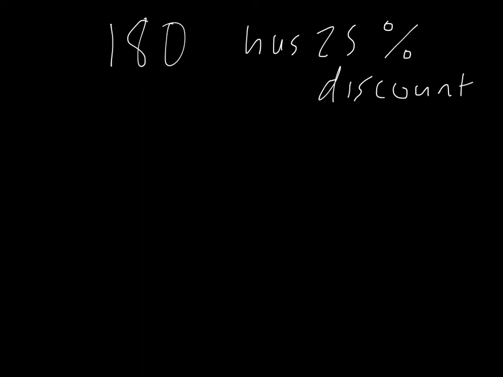Shh, boys at the back. Which means 180 is not 100% of my original price, because 180 has a 25% discount already taken off. So how much of my price is 180?